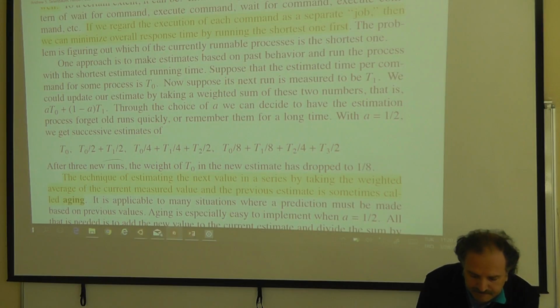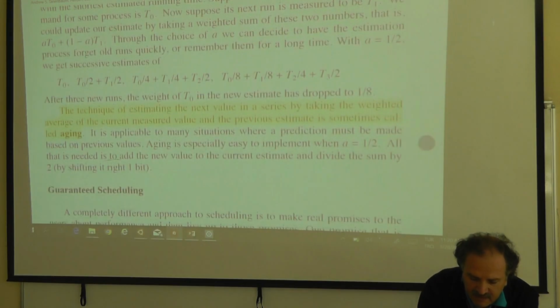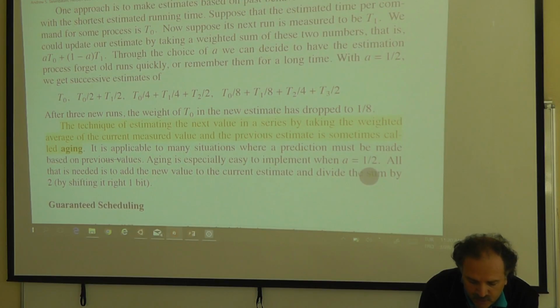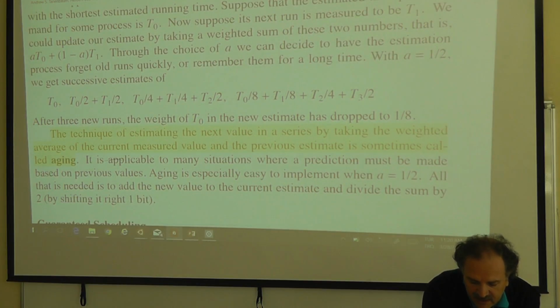If I take my alpha as 0.5, or 1 over 2, this is how I calculate T2, this is how I calculate T3, and this is how I calculate T4.